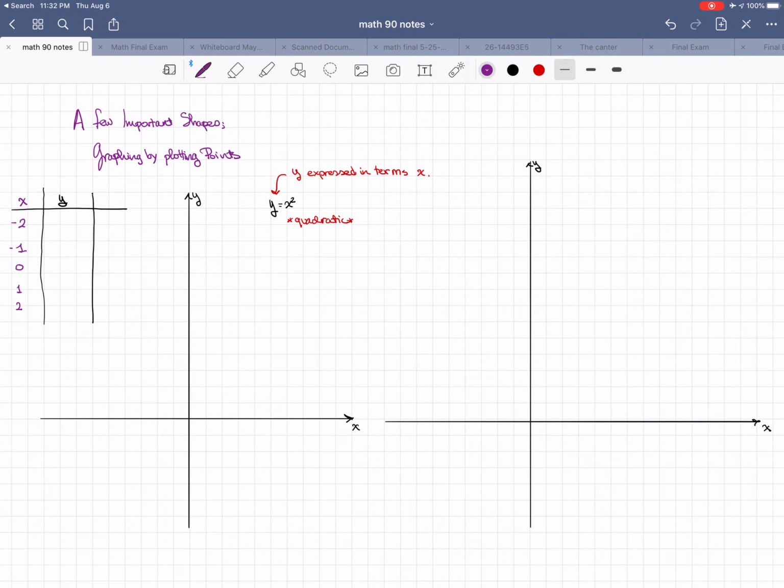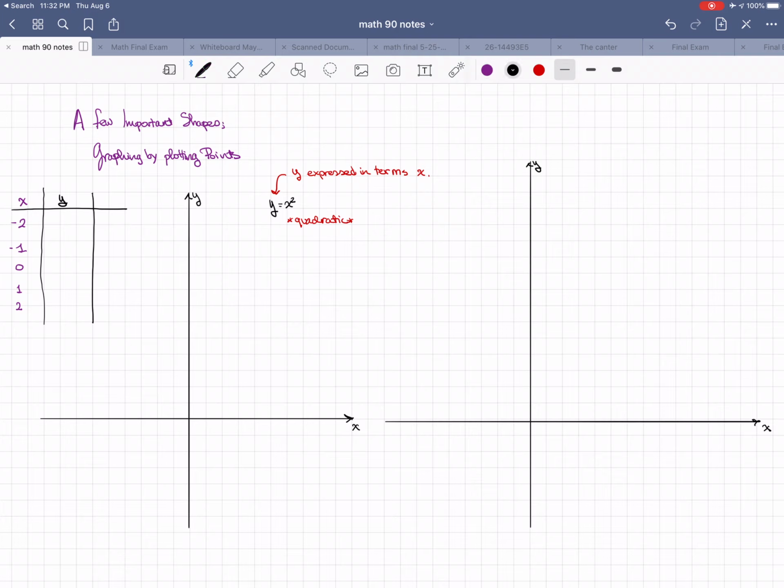What you're going to be looking for is some kind of a shape, some kind of a trend. Once you see that emerge, you've got enough points. Until you see it, keep plotting more points. So we've got 5 points here. That'll probably be enough, but if we needed to, we could plot more of them.